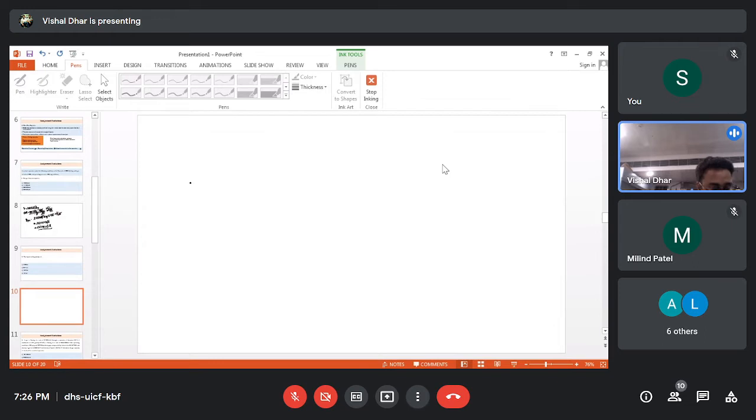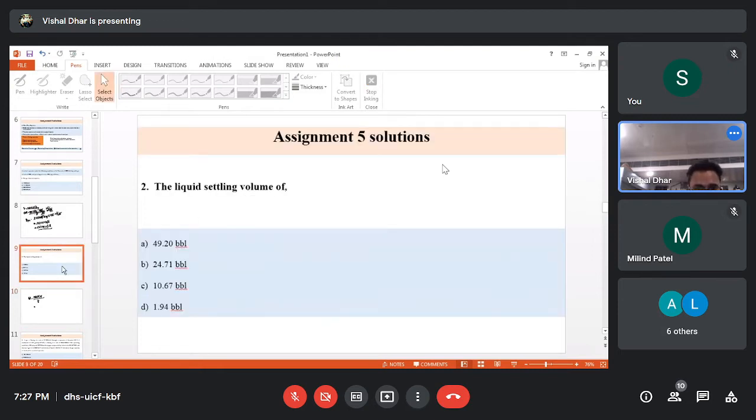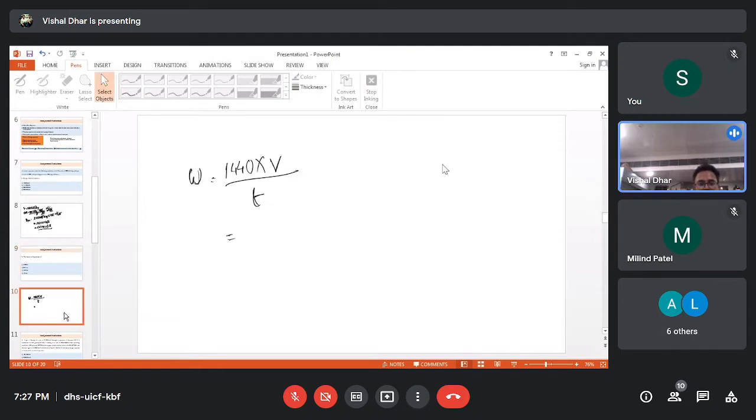The formula for the liquid settling volume is W, where W is the flow rate, and 1440 is the conversion; this formula is already done in class. For time, we will take 1 hour, because when it is not given in the question, take it as 1 hour or 1 day or whatever the question is asking. For now, take it as 1 hour.